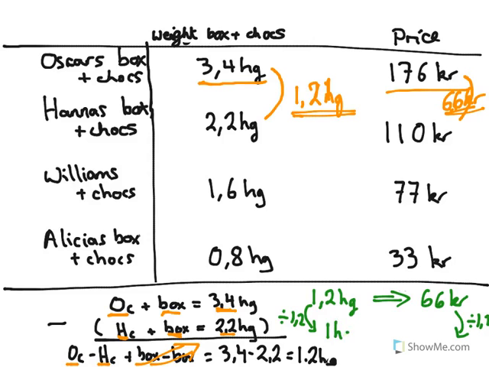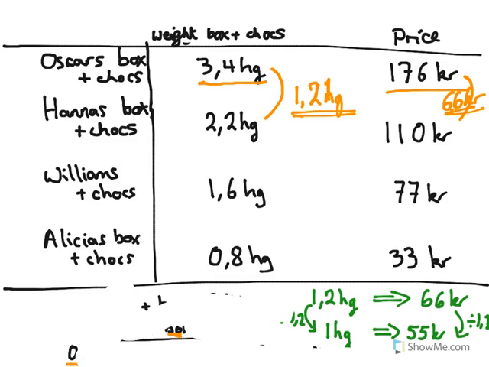That would give us 1 hectogram here. 66 divided by 1.2 will give us 55 kronas. So 1 hecto of pure chocolate, ignoring the box, costs 55 kronas. So I can also remove this now. The price per hectogram of chocolate is 55 kronas per hecto.